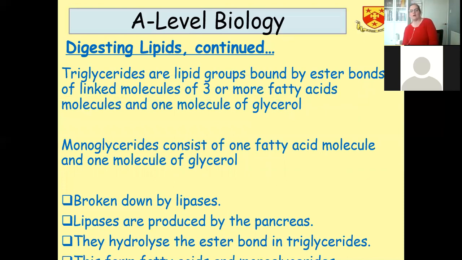So actually when we break a triglyceride down, we're very used to, from back at GCSE, saying we get 3 fatty acids and 1 glycerol. Technically, with a triglyceride with 3 fatty acids, we get 2 fatty acids and 1 monoglyceride molecule. So 1 fatty acid still stays attached to our monoglyceride.